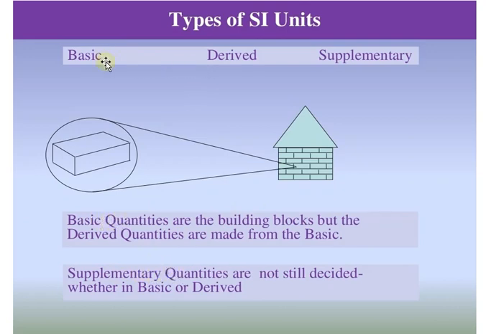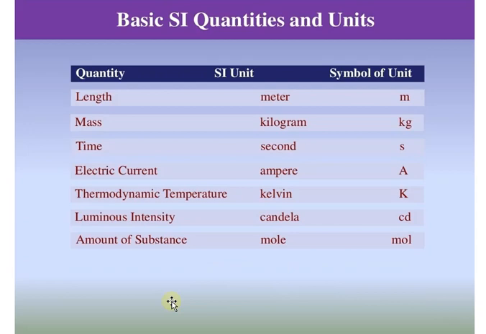The units used by basic quantities are basic units, the units used by derived quantities are called derived units, and the units used by supplementary quantities are supplementary units. The supplementary quantities are those that are still not decided whether they are basic quantities or derived quantities.